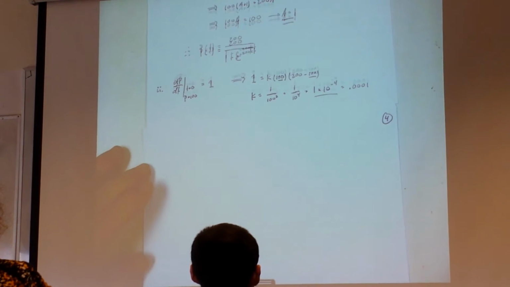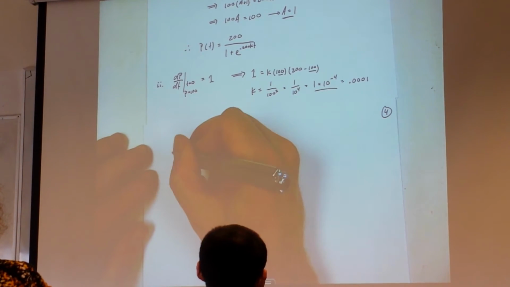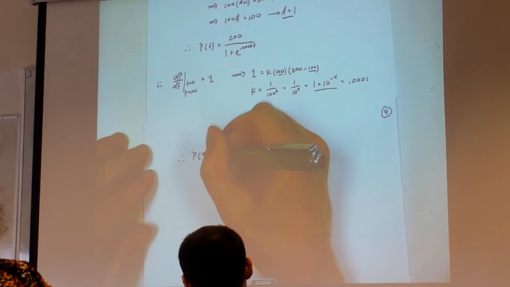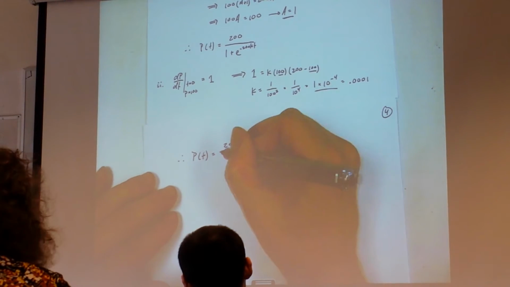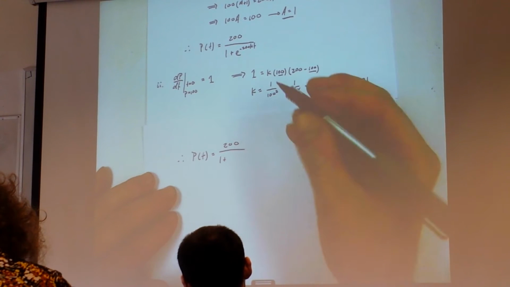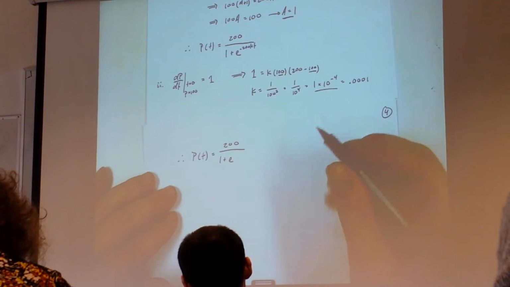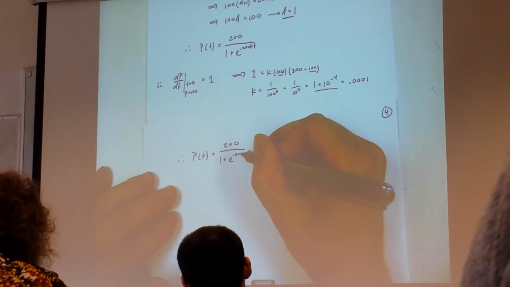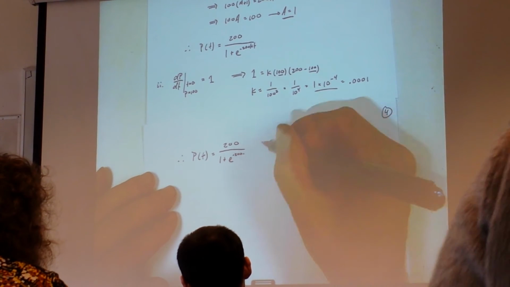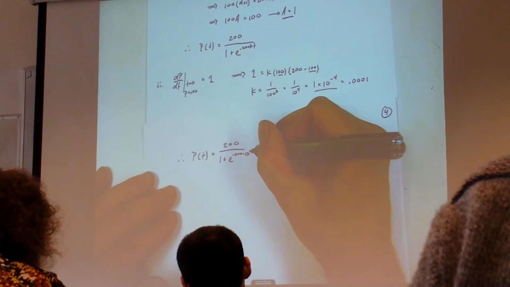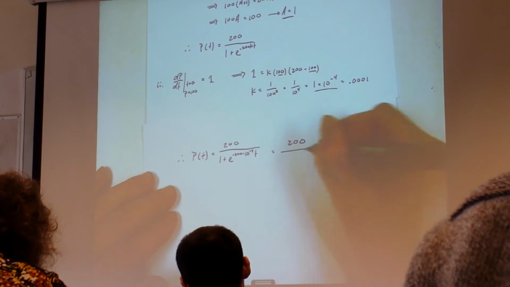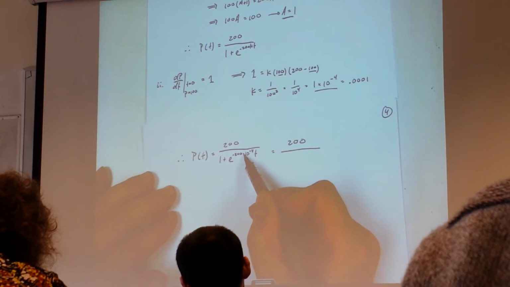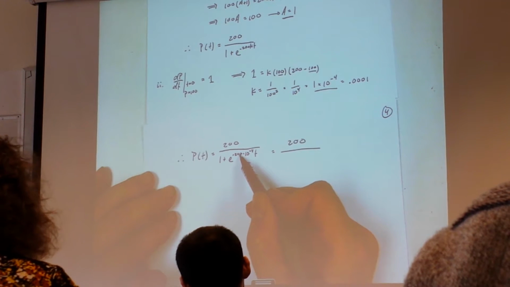So let's put that into the equation. Finally, P of t equals 200 over 1 plus e to the negative 200 kt. k is 10 to the negative 4, so let's just use our scientific notation.